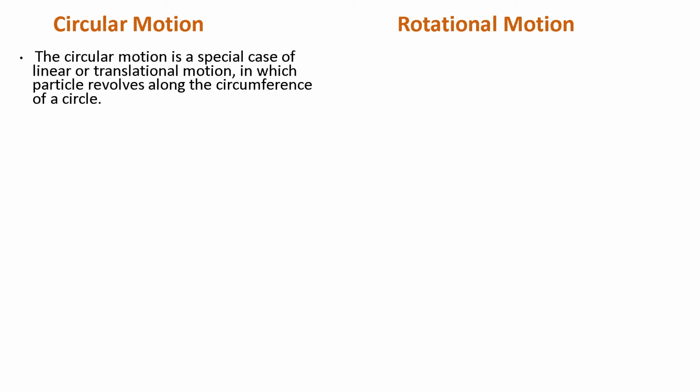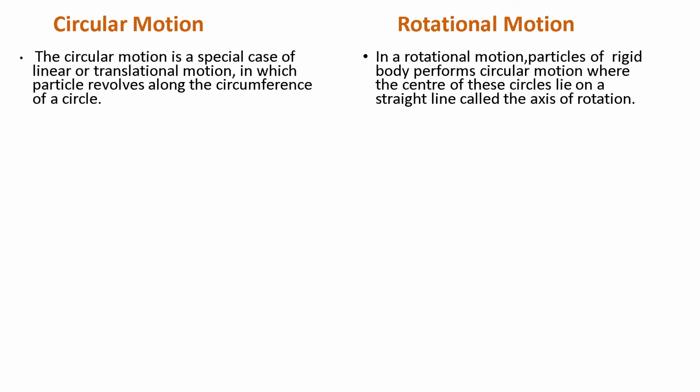It moves along the circumference of the circle. Whereas in rotational motion, each particle of a rigid body performs a circular motion where the centers of these circles lie on a straight line called the axis of rotation.